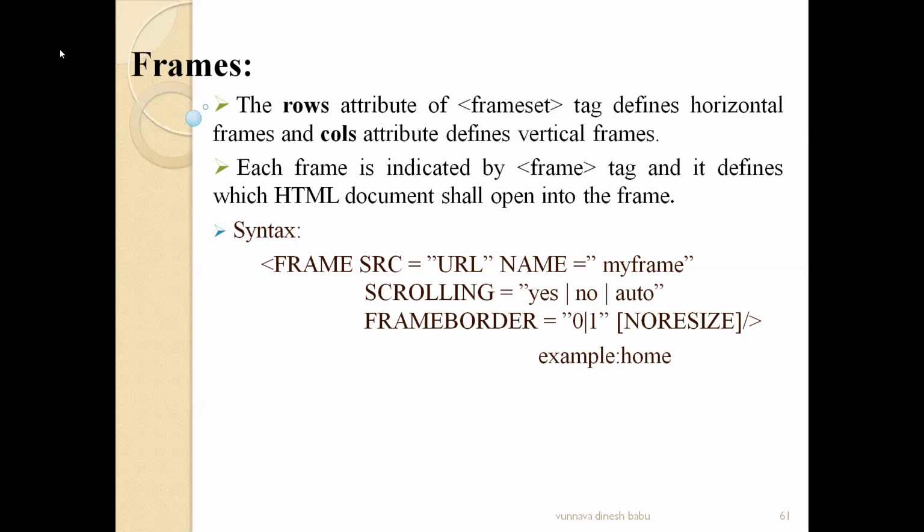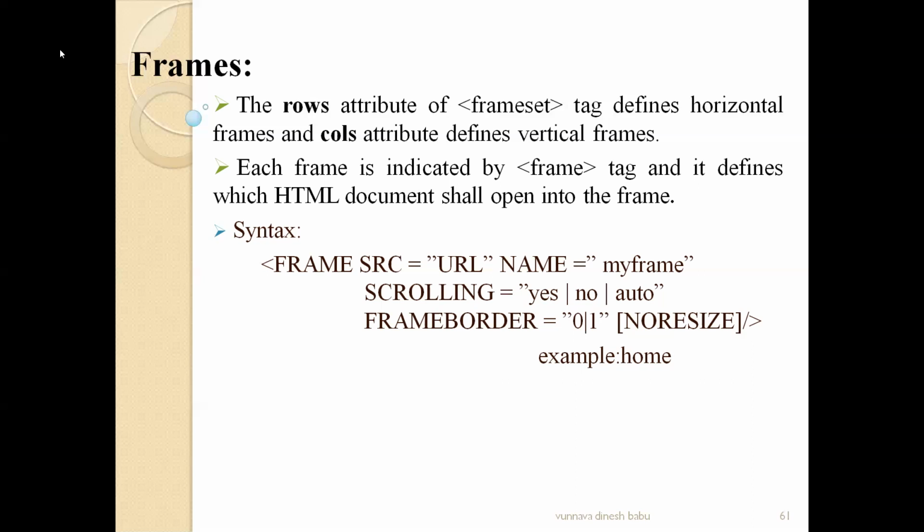And then scrolling. If we have inserted an HTML document inside a frame, and that HTML document is smaller in size compared to the frame, it is fine. There is no need for scrolling there. If the same HTML document is larger than the frame where we are going to insert it, then we need some scrolling.